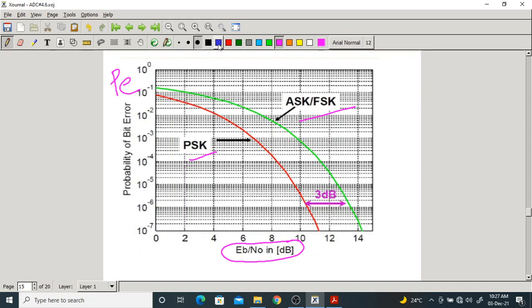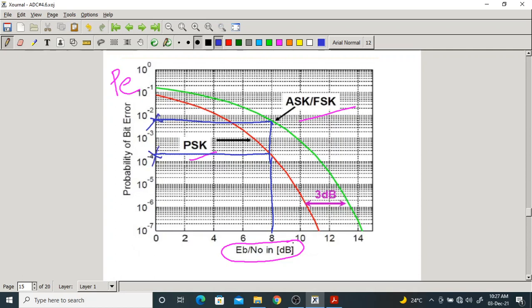Now from this graph you can clearly observe that, suppose for the same EB by N naught, let us take it is 8. The probability of error of BPSK is something like this, whereas BFSK and BASK is something like this.